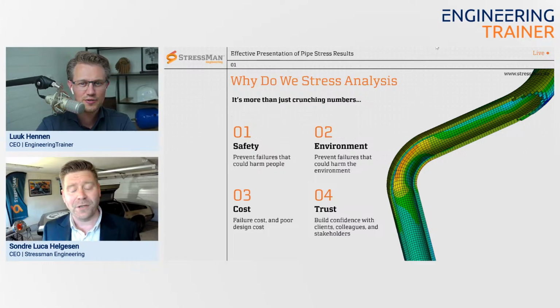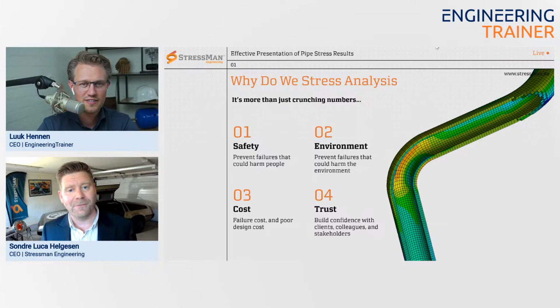And then the second part, it's not only humans that matter. Environment matters as well. If you have a leak, if you have a pipe that is bursting or something like that, you could have very toxic chemicals going into the environment, and you have bad environmental damage. And of course, cost.